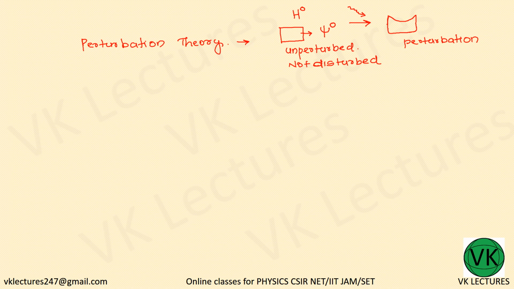This external agency has the perturbation H dash. So this perturbation is being induced into this unperturbed state, and we are getting a perturbed state. Perturbed state means the disturbed state. The perturbed state has the wave function psi dash and a corresponding Hamiltonian.